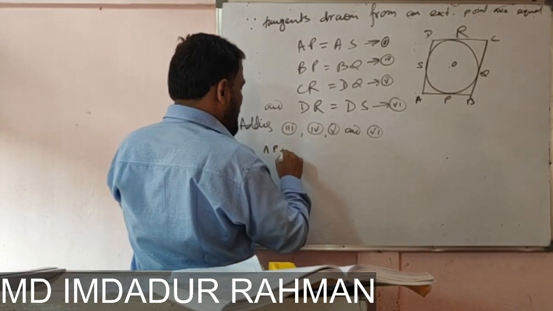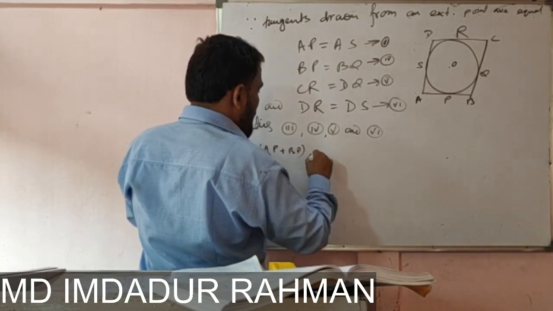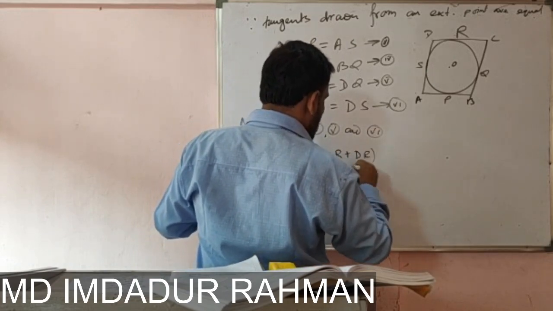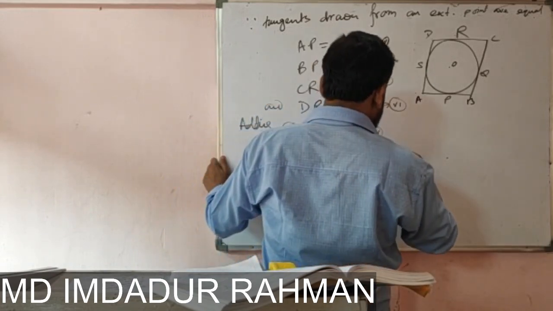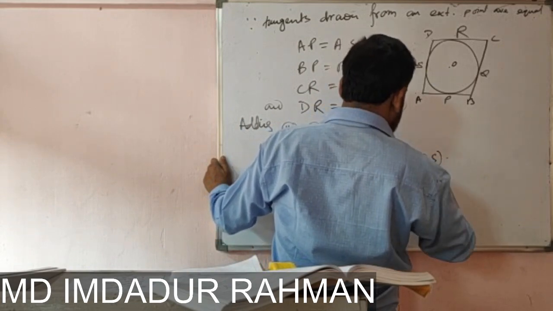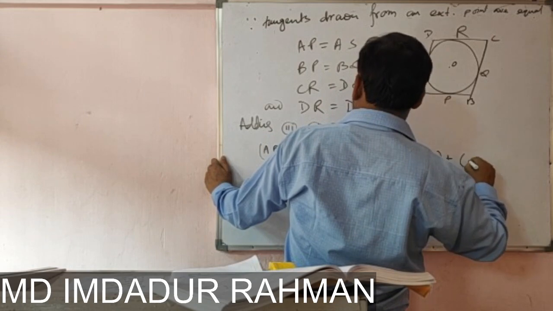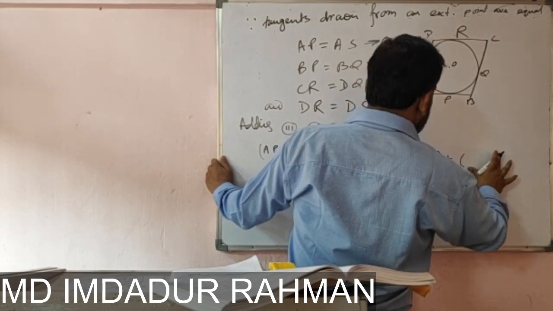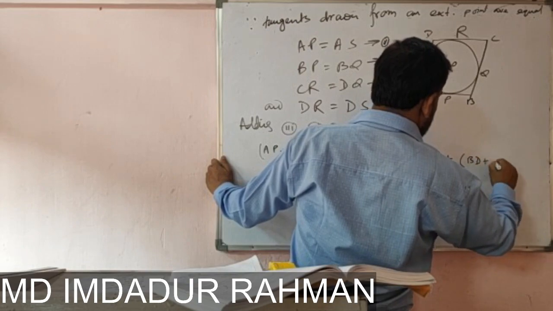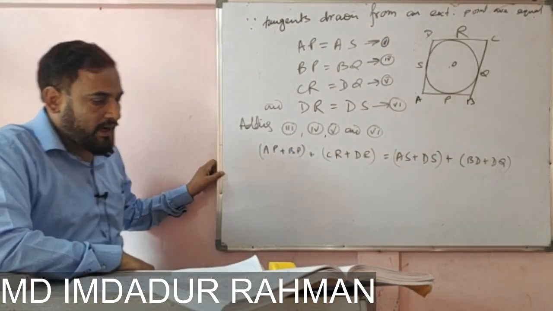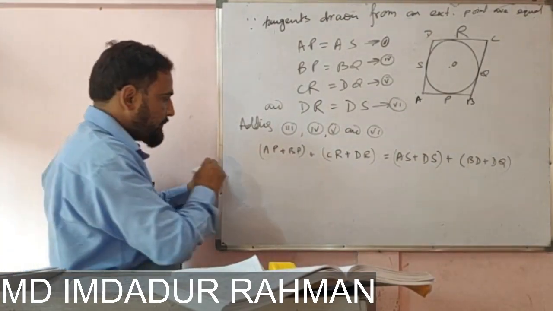AP plus BP, CR plus DR, AS plus DS, and BQ plus CQ. So after adding this, what are we getting?